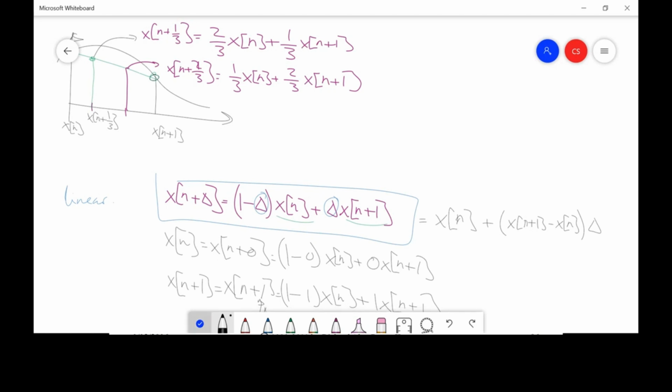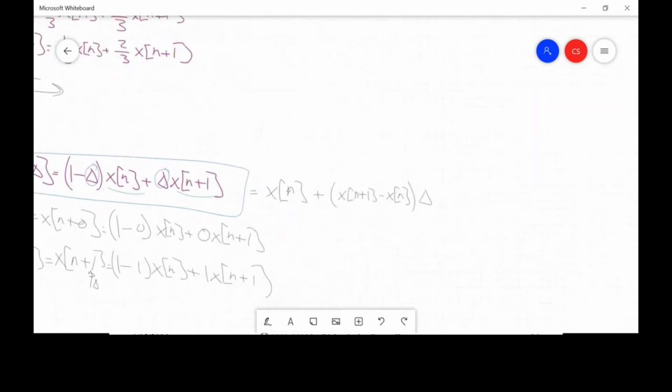So what is the shape of that equation? That is a constant. So let's say A0 plus A1 delta. That is a line in delta.